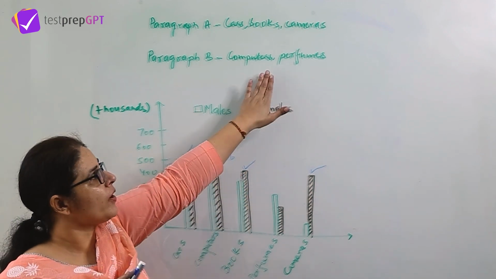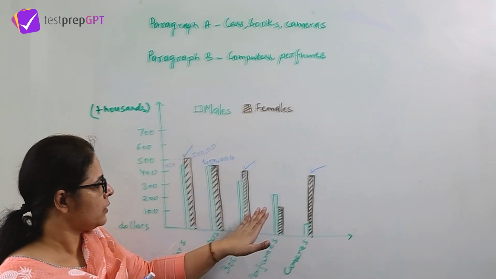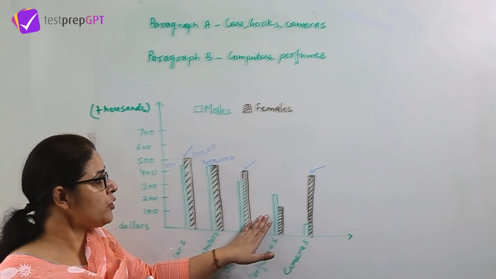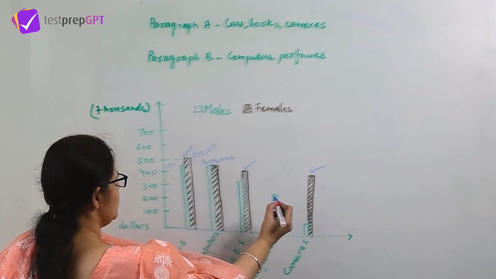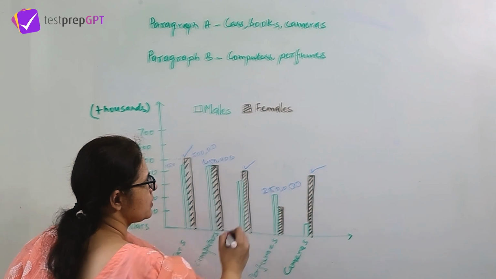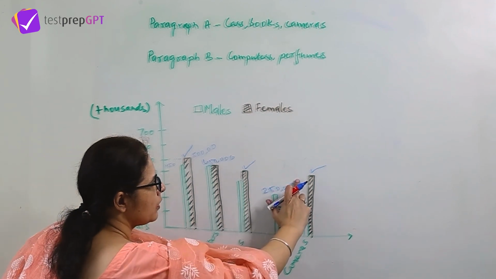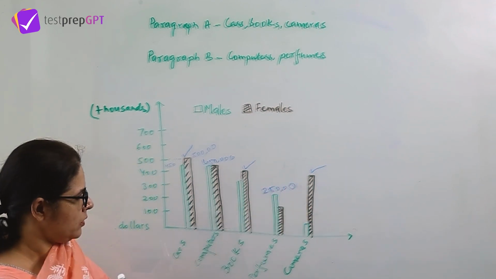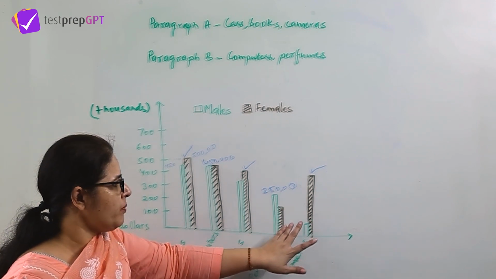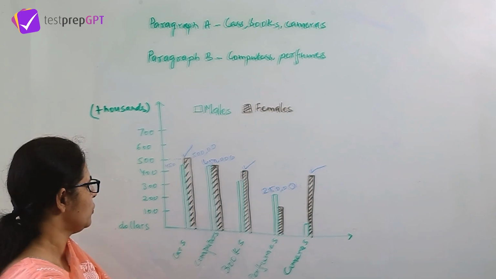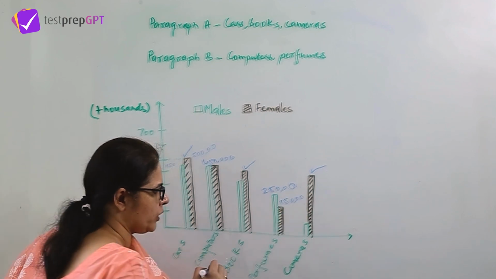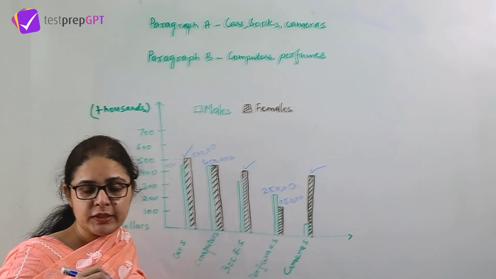So if I say however, men spend more money, in brackets you can write $250,000, on perfumes as compared to females who spent about $150,000 on the same item.